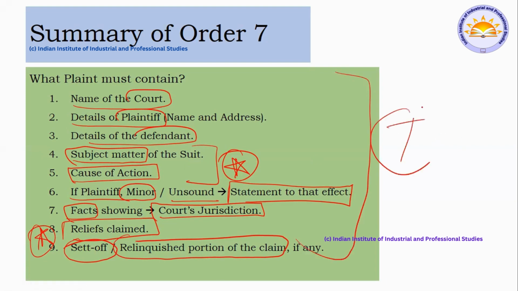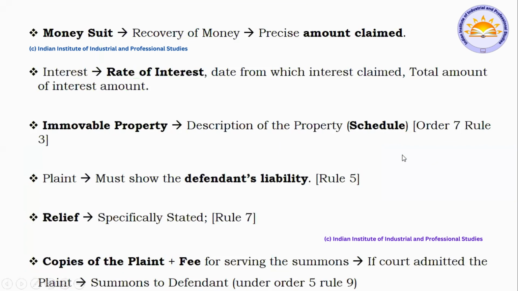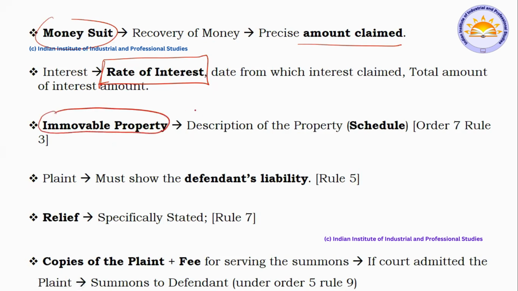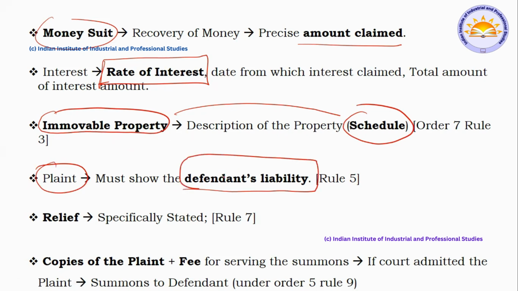Plaint, order 7. Okay. Next, if it is a money suit, it has to mention the amount that has to be recovered, and if there is any interest involved, the interest rate has to be mentioned. And if it is a suit related to immovable property, it has to mention the schedule of that particular property. And plaint must show the defendant's liability. What is the defendant's liability?